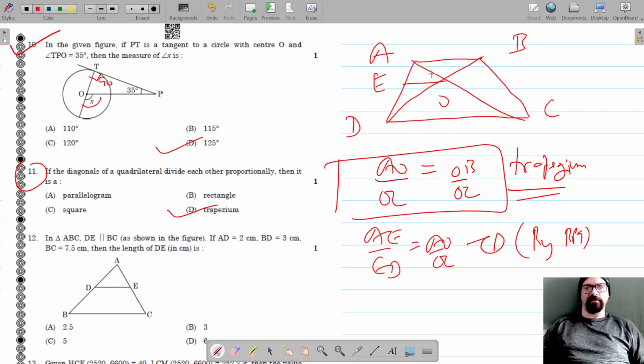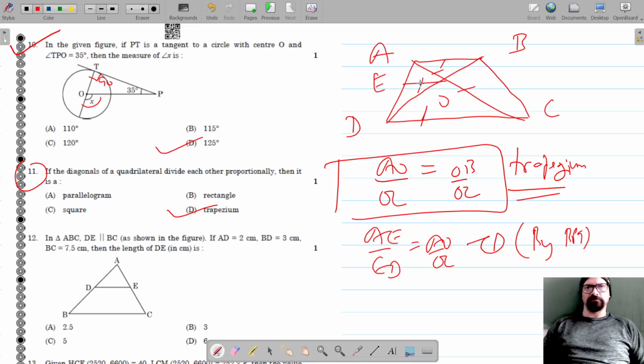And now if it's a trapezium, so EO is parallel to DC and DC is parallel to AB. So I can also use this. So this is AE upon ED is equal to AO upon OC.